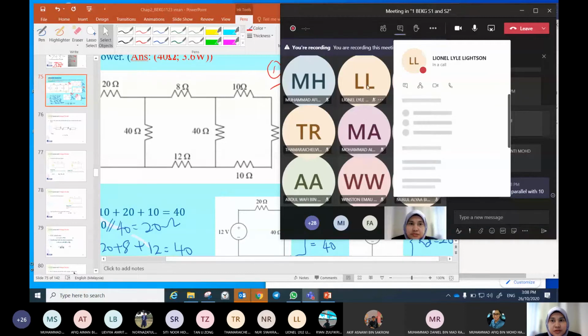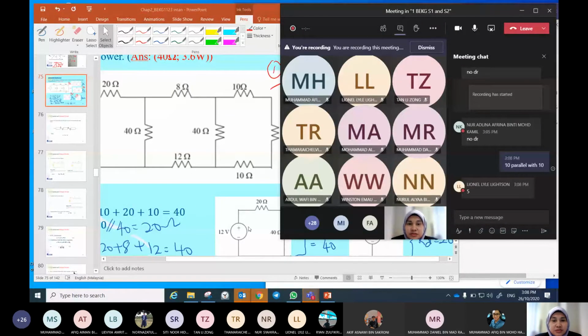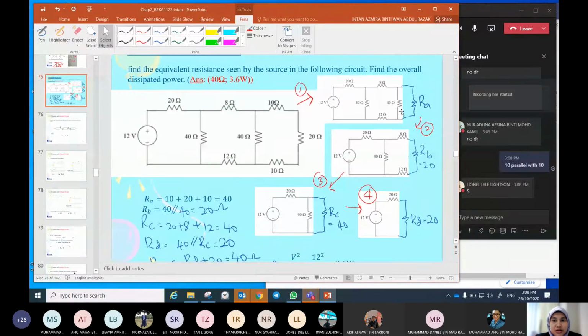Lionel, are you with me? 5, okay? So we will get half. If the same value of parallel connection, meaning that two resistors are connected in parallel and the value is the same, so the equivalent R for that parallel path is equal to half of the value. Okay, so 20 here.